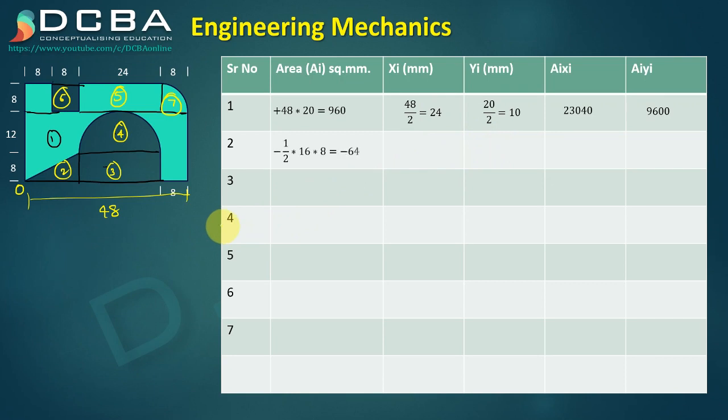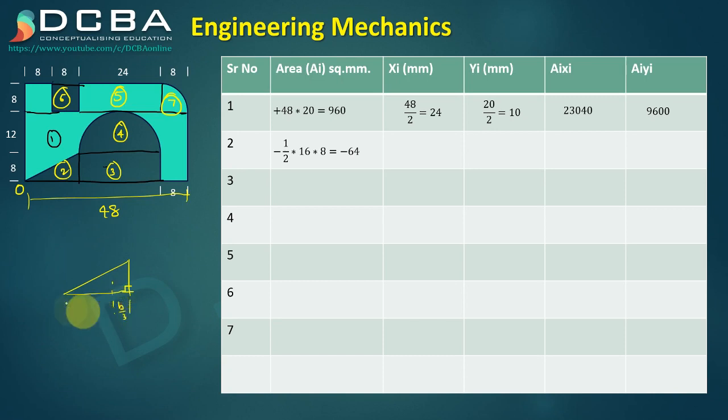Then we have this right angle triangle, which is a subtractive area, negative area, so it's half into base, which is 16, height is 8, so it's minus 64, and Xi from point O. Now this is a right angle triangle like this, right? We know that the centroidal distance from the right angled point is base by 3.